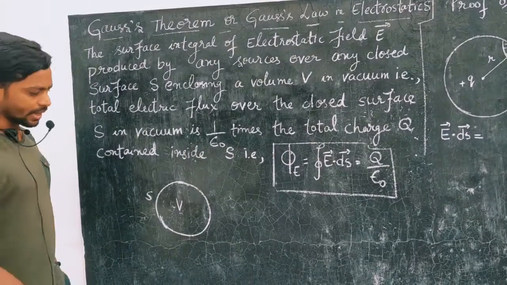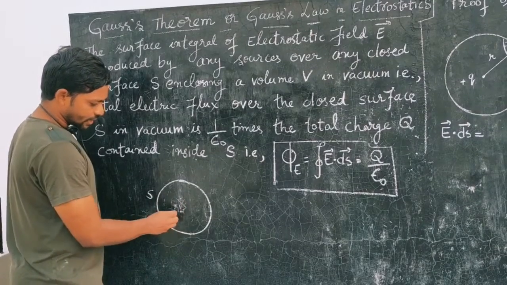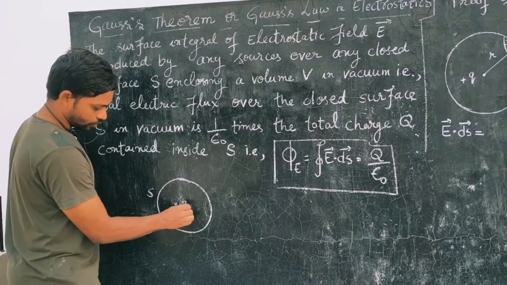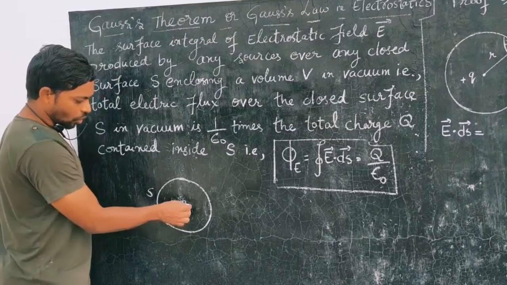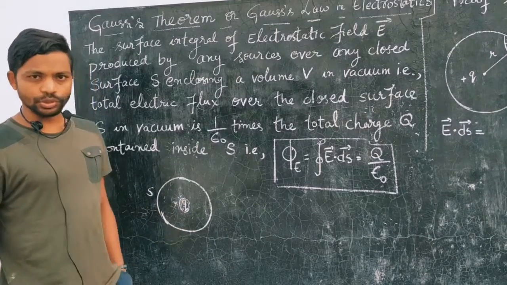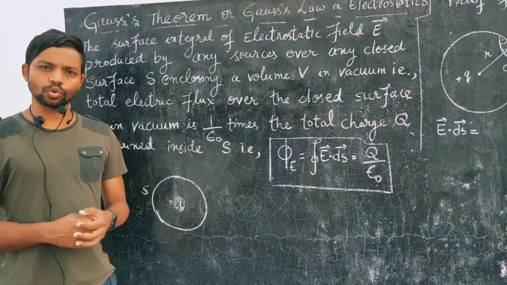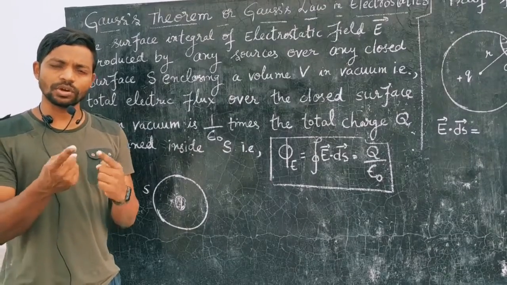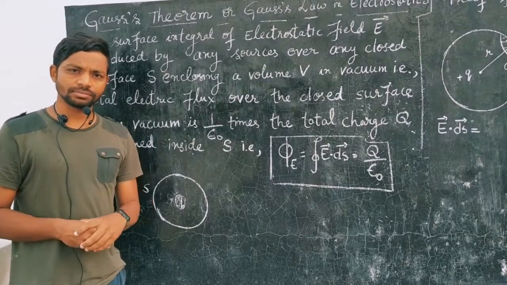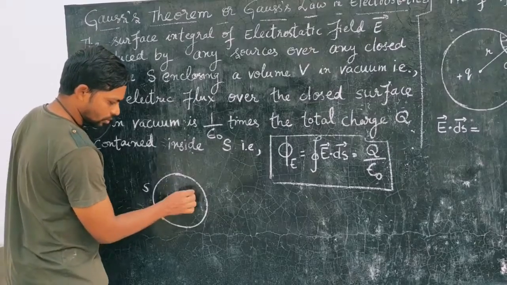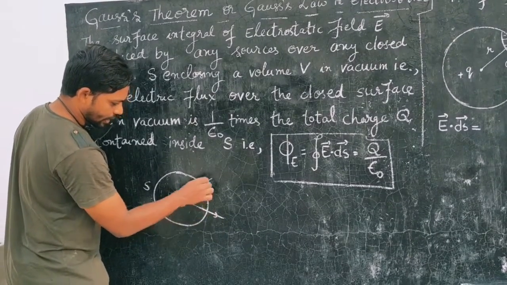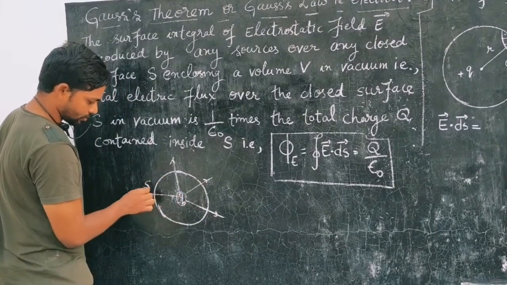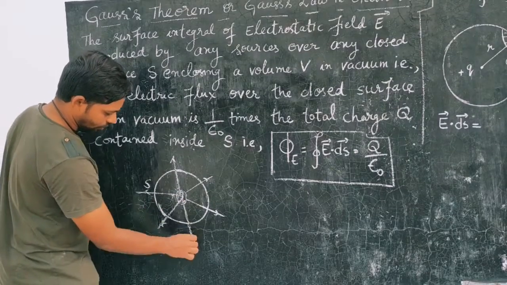It simply means that, let us say there is a charge Q. So we all know that if there is a charge Q, there will be electric field around it, so there will be electric field lines, so the concept comes electric flux. So you can see electric lines coming out of this closed surface.